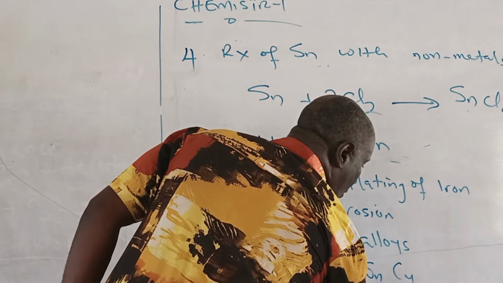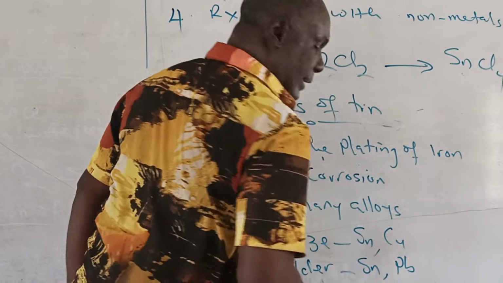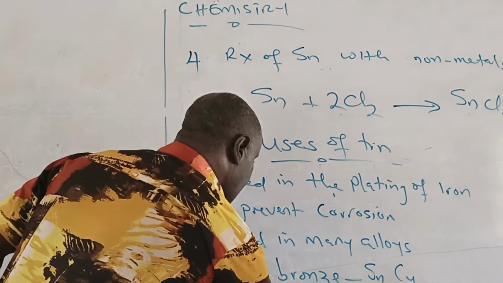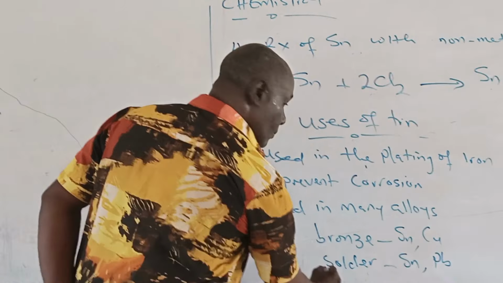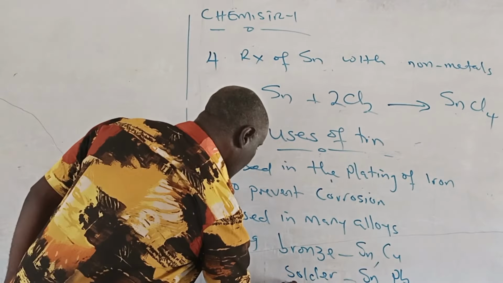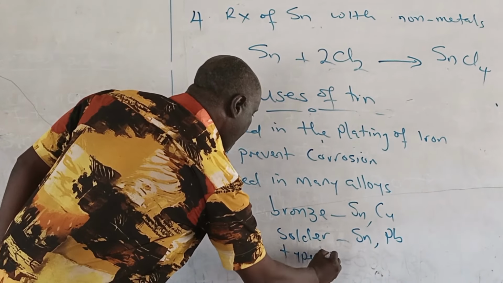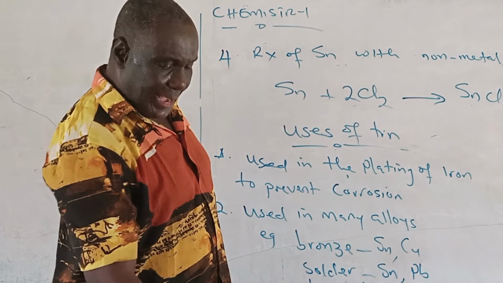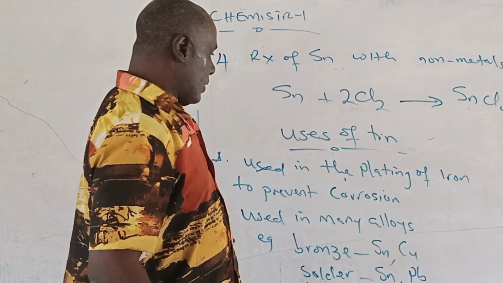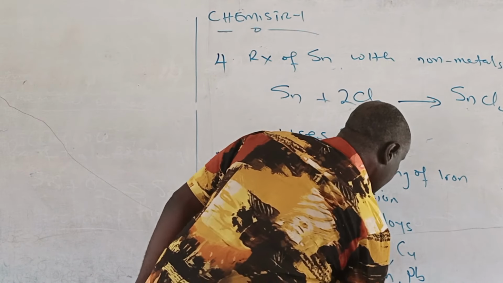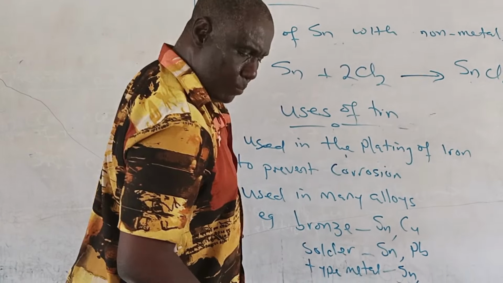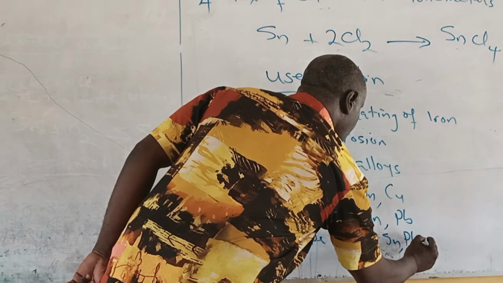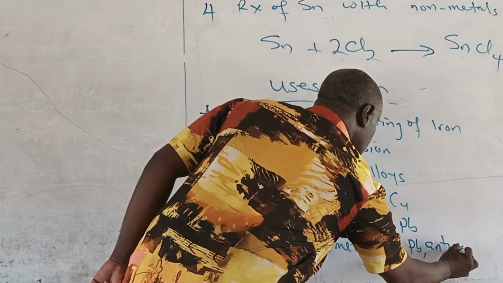This is made up of tin and lead. And we have type metal. This is made up of tin, lead, and antimony.